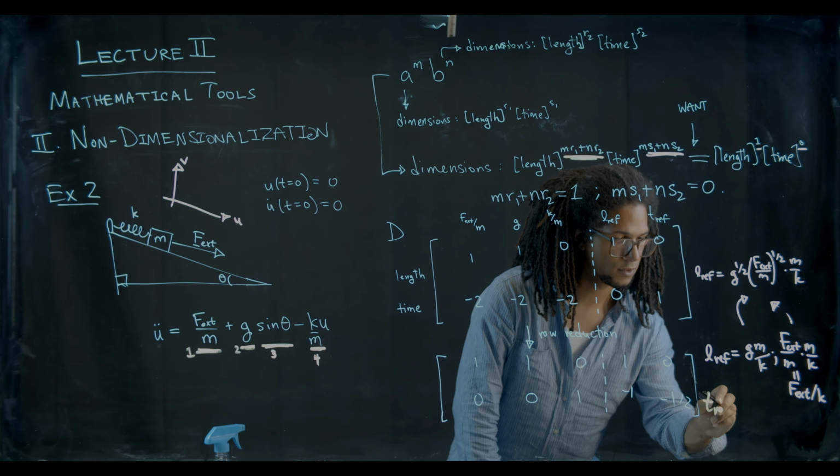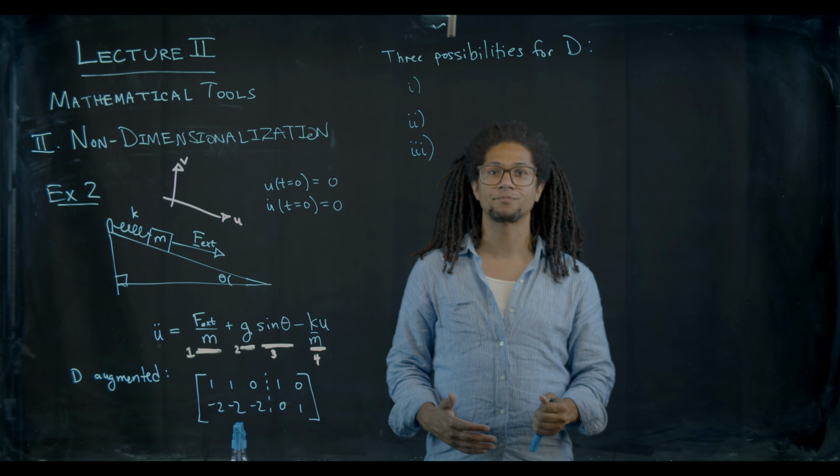Maybe this process is simpler in some situations with lots of constants, but it's not necessary. That's, of course, true for finding the reference quantities, but it turns out that D gives us more information about the problem than just the reference quantities themselves. So let's first concentrate on the fact that there are kind of 3 possibilities for D and its augmented form.